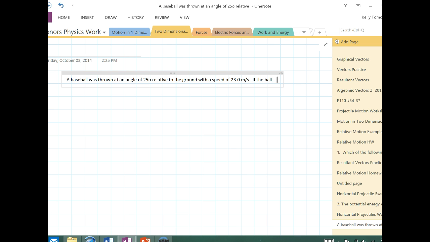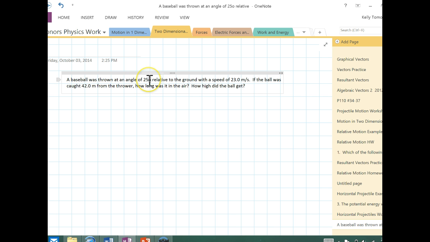If the ball was caught 42 meters from the thrower, how long was it in the air? And how high above the thrower did the ball get?